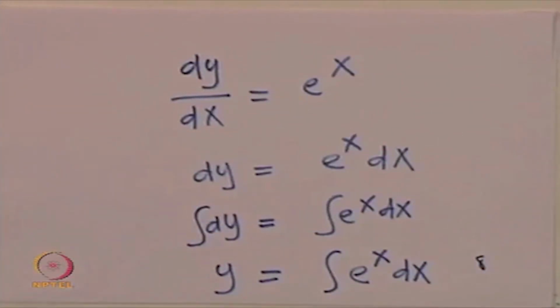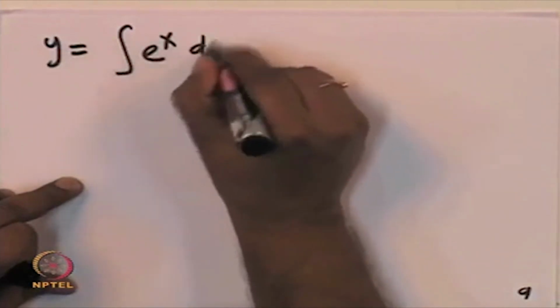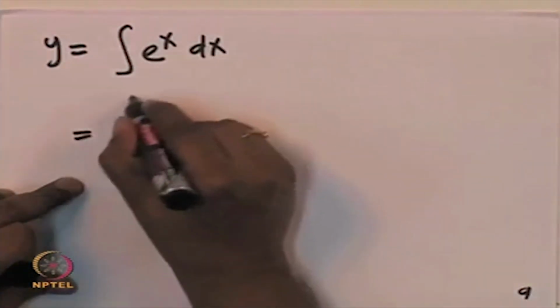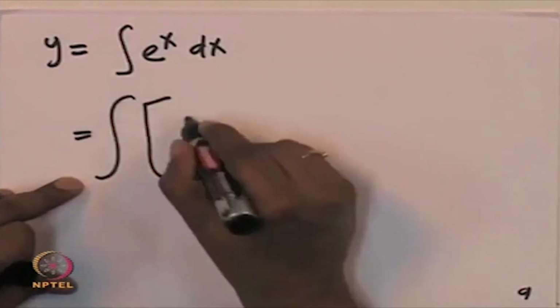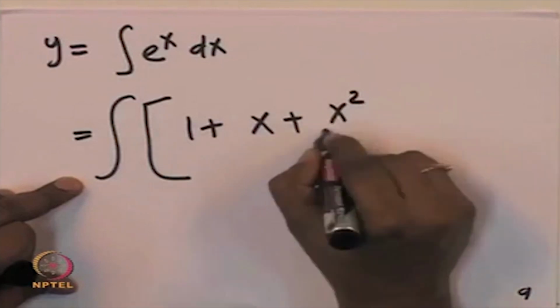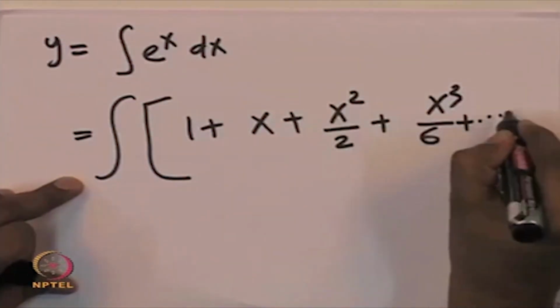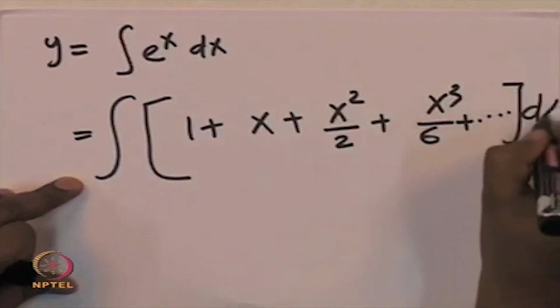Now, what is integral e power x dx? Let us have a look at this. y is integral e power x dx, so this is the integral of 1 plus x square by 2 plus x cube by 6 plus so on, dx.